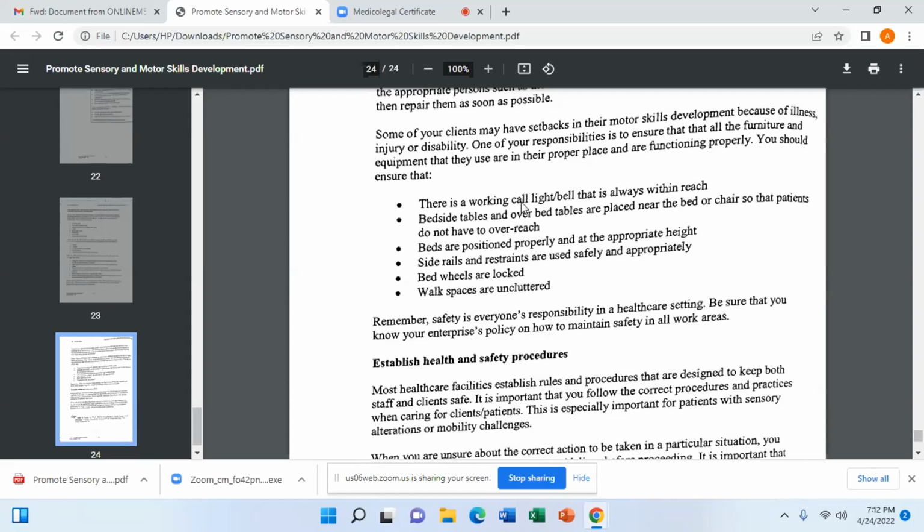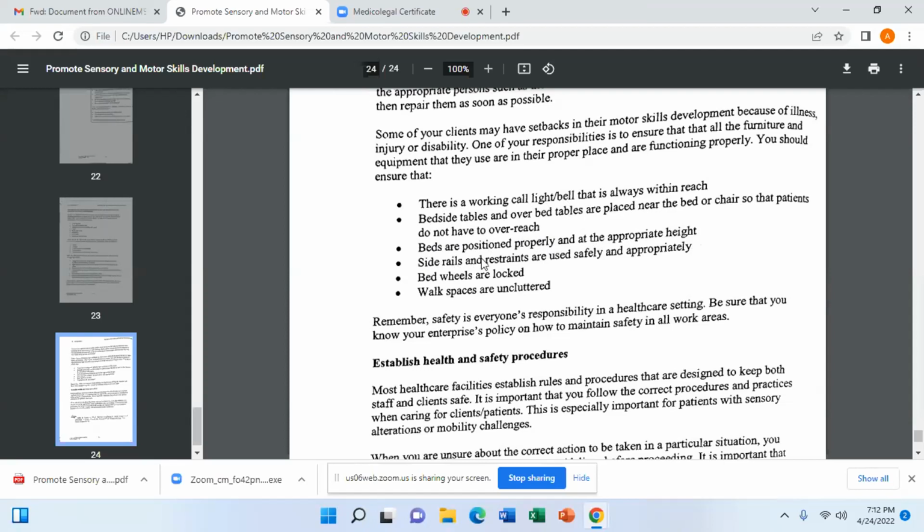And there is a working call light bell in case they need to reach you. Bedside tables and overbed tables are also there to assist the persons so that they do not have to overreach for stuff. And beds should be positioned properly and have adequate height, right?